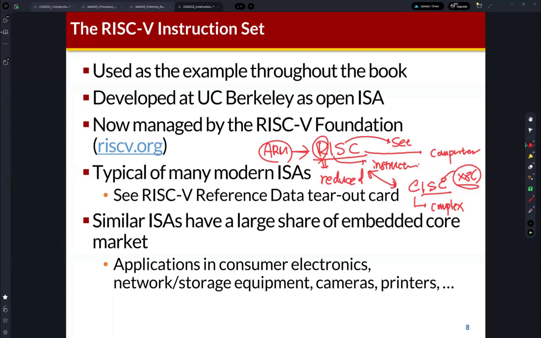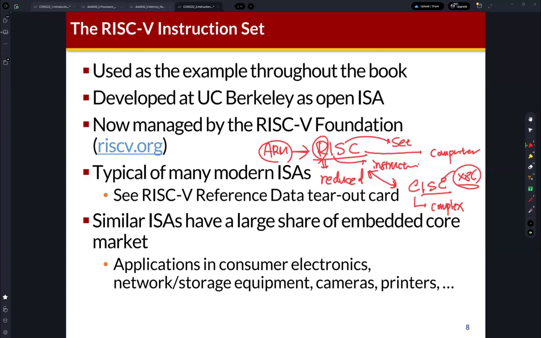In this course we will use RISC-V for explaining ISA and processor design. RISC-V is an open source ISA developed by David Patterson and John Hennessy at UC Berkeley.